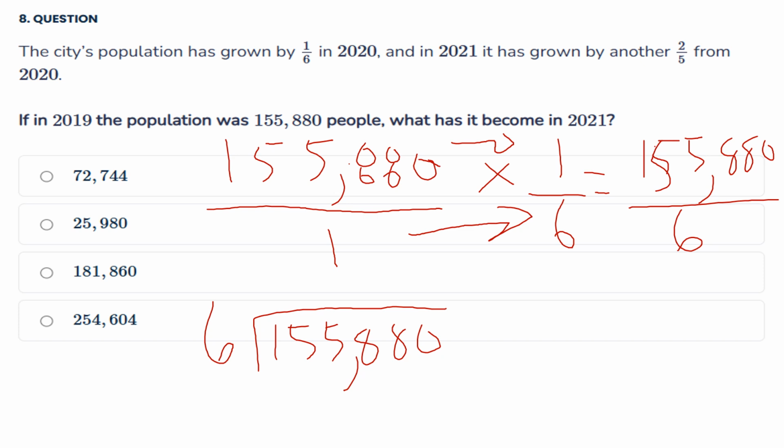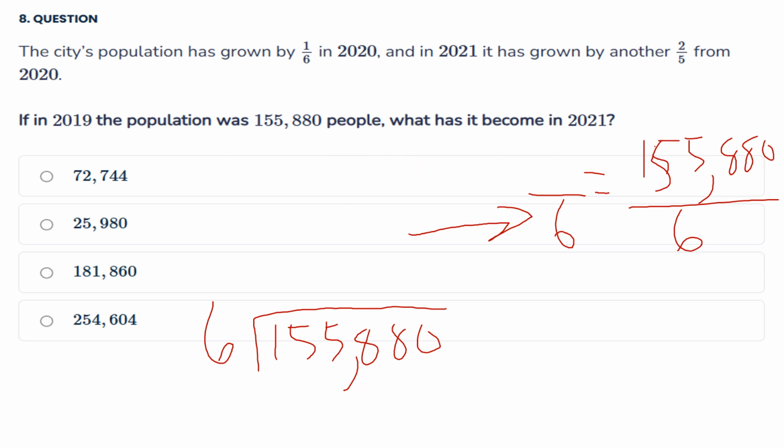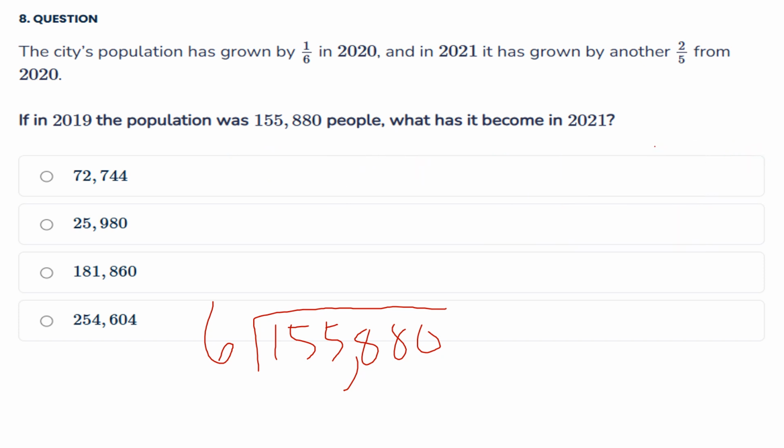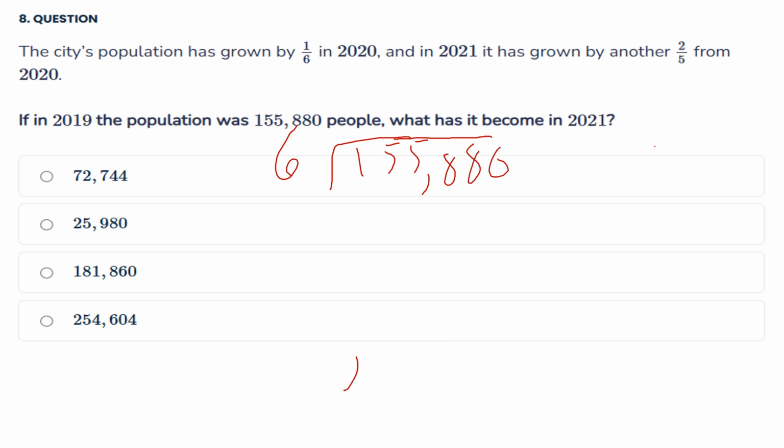Let me give myself some room because this is going to turn into a long problem. So I'm going to move that number up a little bit. All right, let me erase this number down here. That way I have some room to do my math.